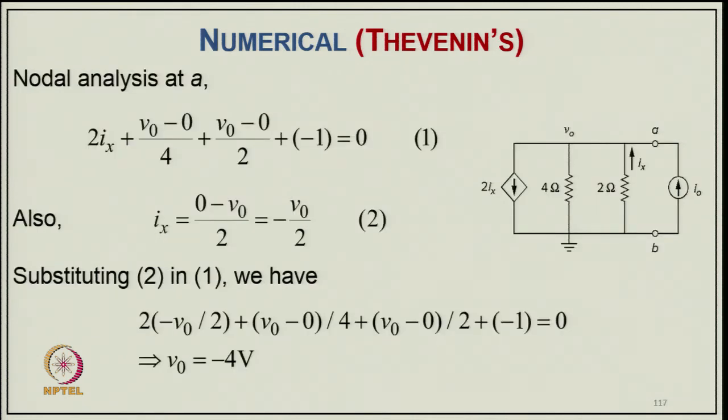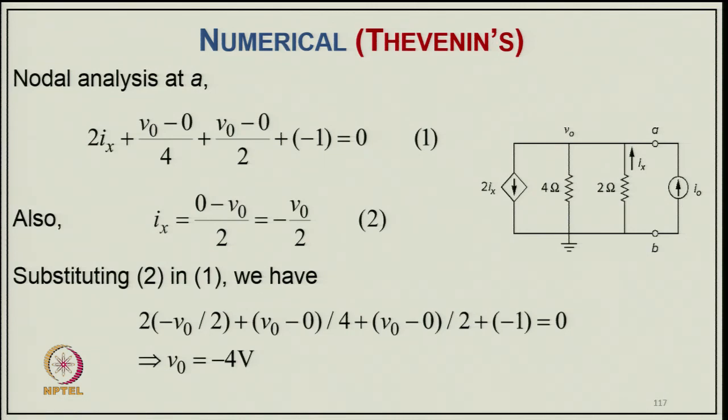Now, from nodal analysis at terminal A, we have 2Ix, this is the current source, minus (V0 minus 0) divided by 4, the current flowing here, then (V0 minus 0) divided by 2, the current flowing into this, equal to the current source, minus 1.